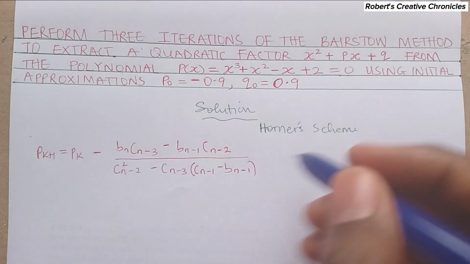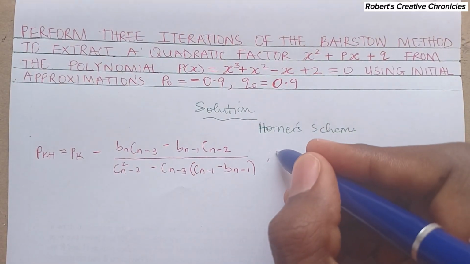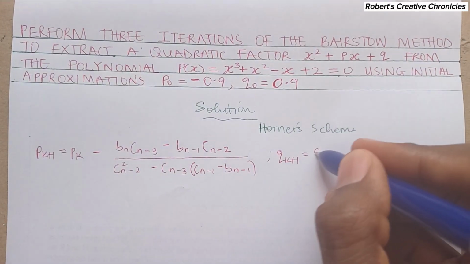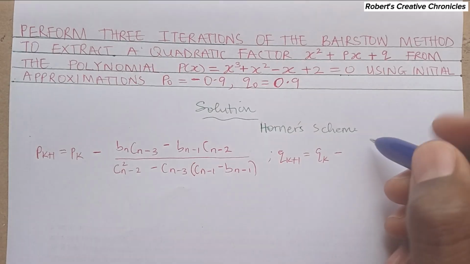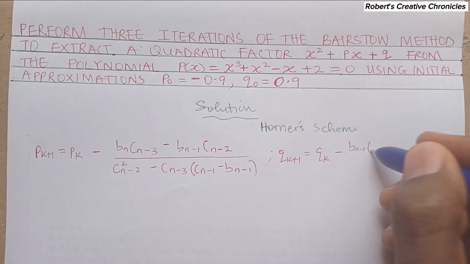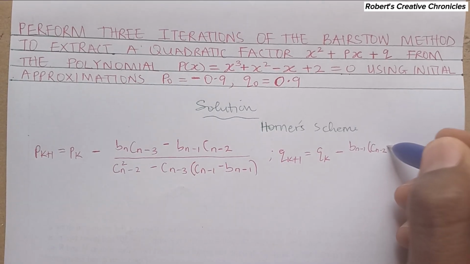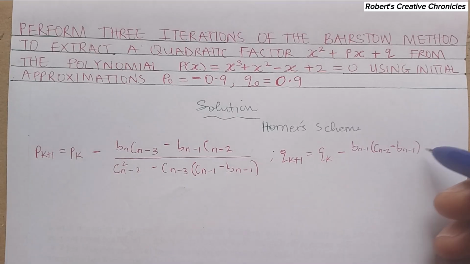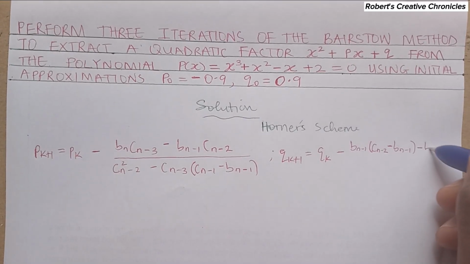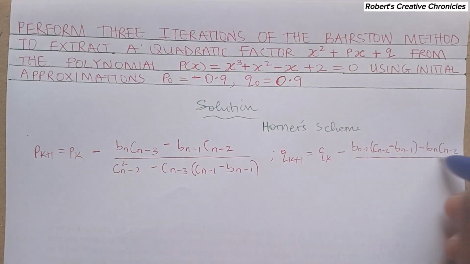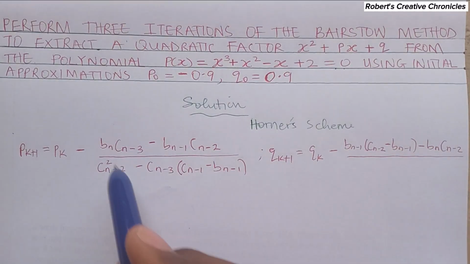Then this is for p, and then for q, q_{k+1} is equals to what? q_k minus b_{n-1}, open bracket, c_{n-2} minus b_{n-1}, minus b_n c_{n-2}, divided by the same denominator.